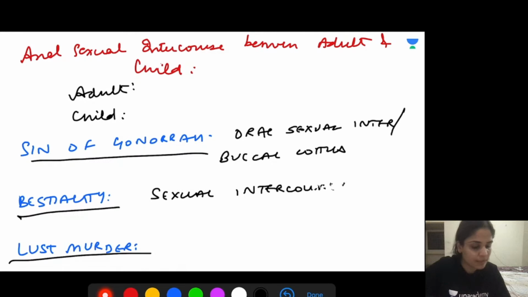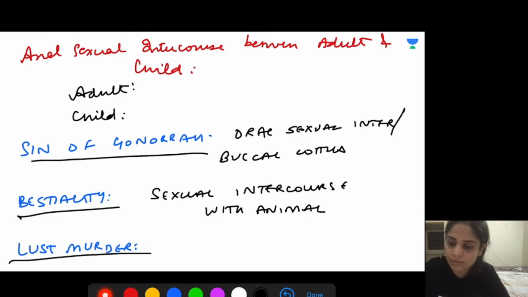Now, can anyone tell me what is anal sexual intercourse between adult and child called? Any idea? Okay, this is important, I think you guys have forgotten.